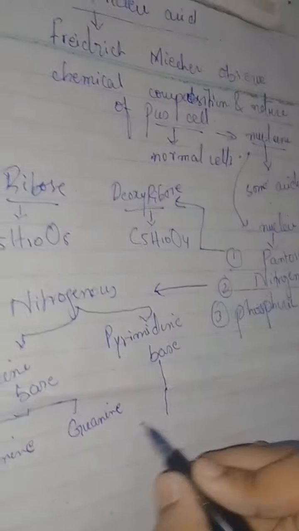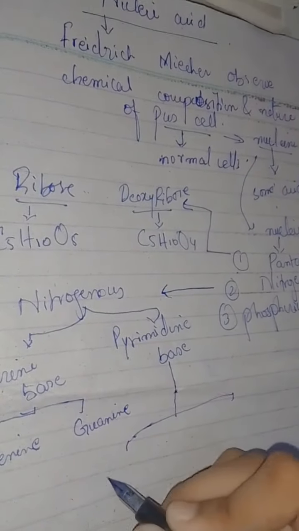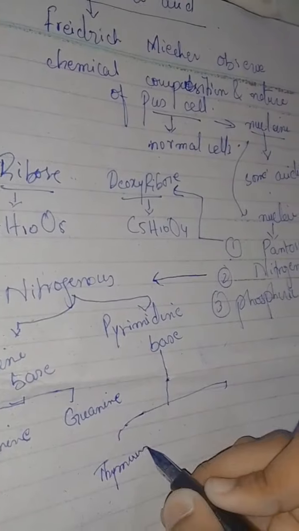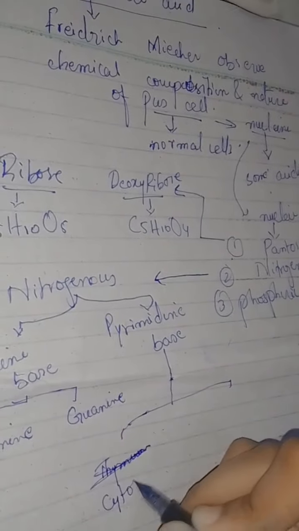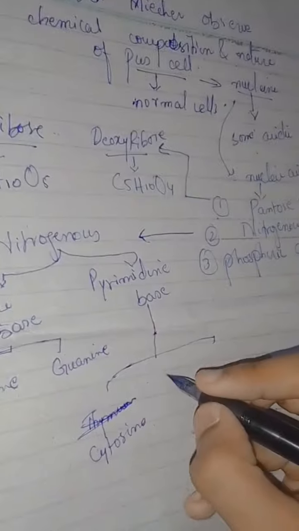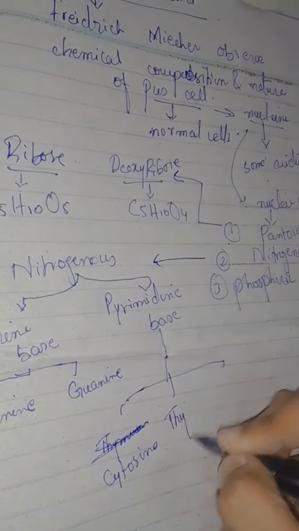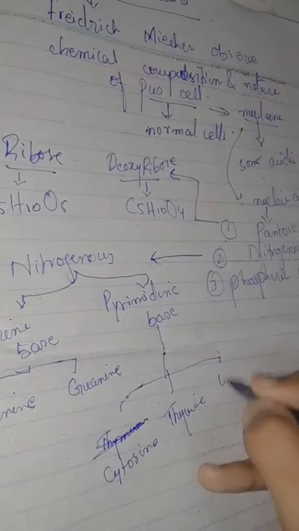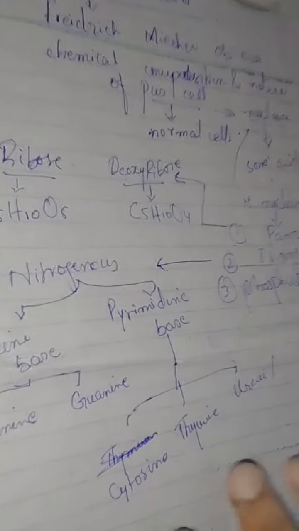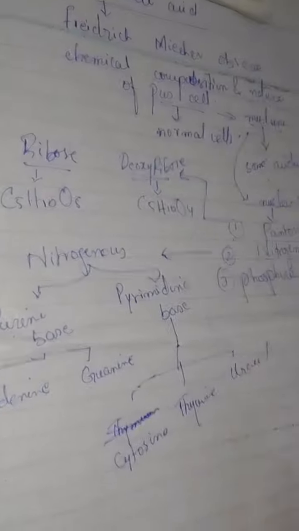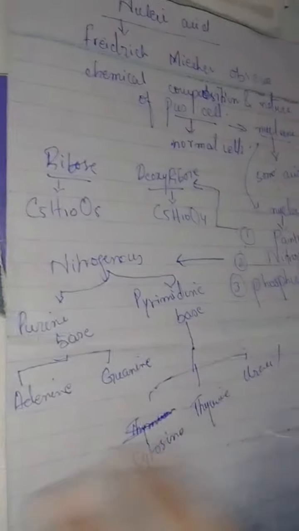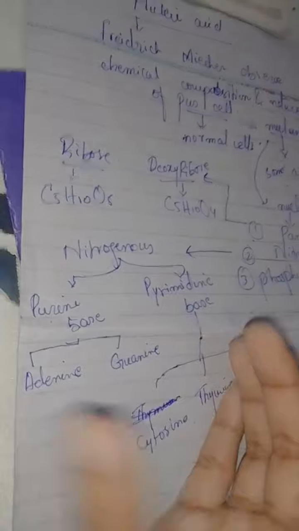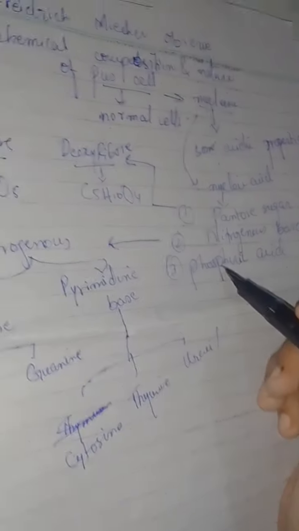And pyrimidine bases consist of three bases: cytosine, thymine and uracil. So these are five bases, but divided into purine bases and pyrimidine bases. And the third thing he observed was phosphoric acid in nucleic acid.